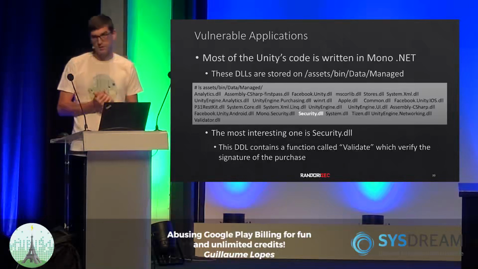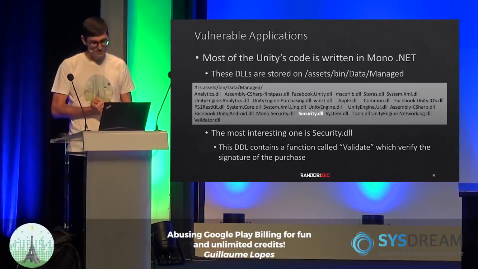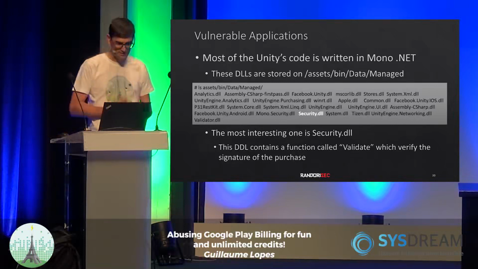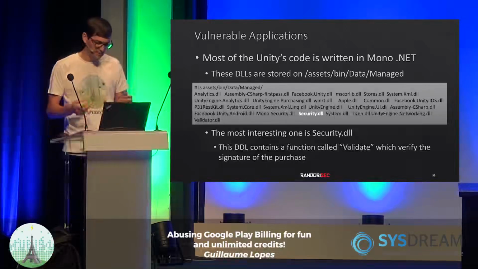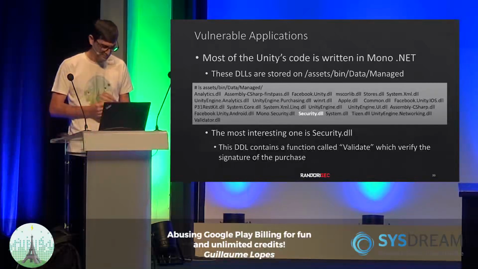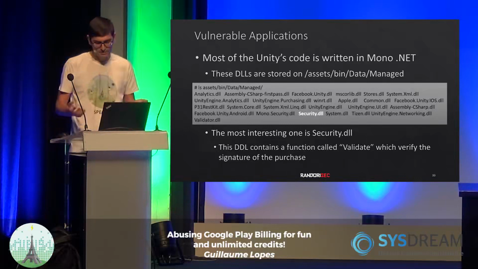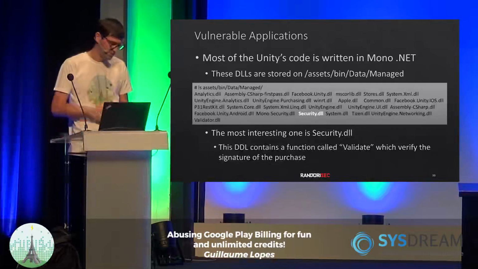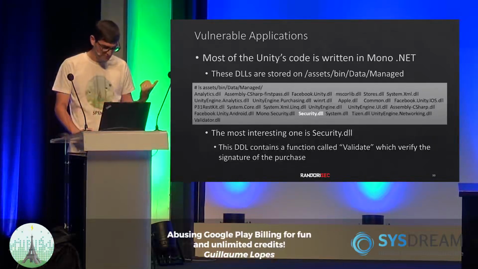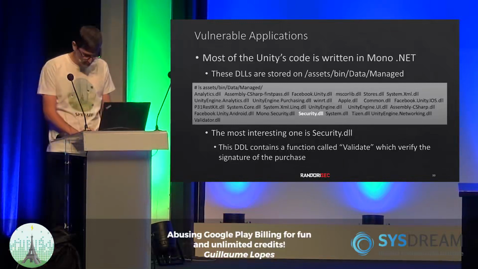And because it's .NET, it's cool because we can decompile it easily without debugging assembly code for hours. If you look at this DLL, there is a function called validate with the same purpose as the verify purchase method I showed you before, which validates the signature of the purchase.